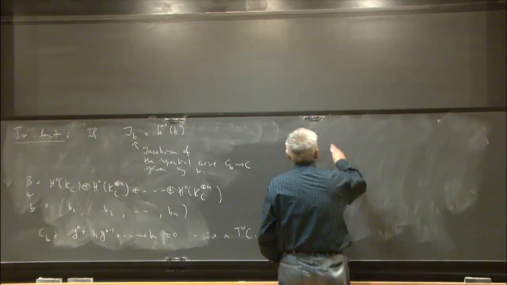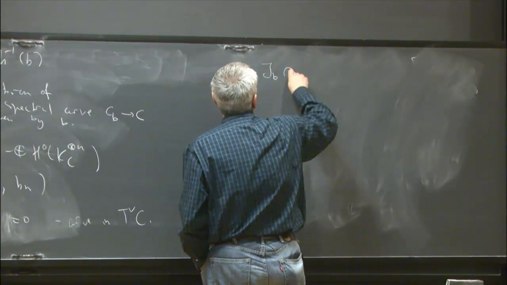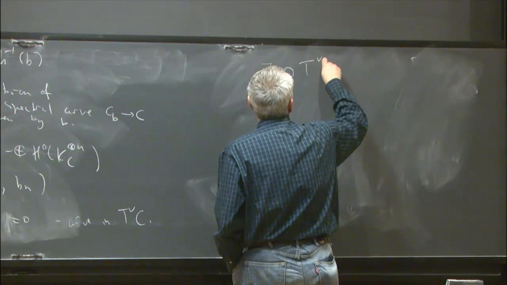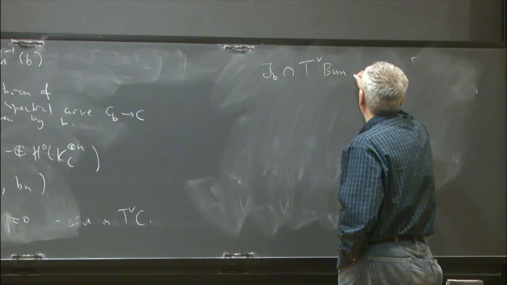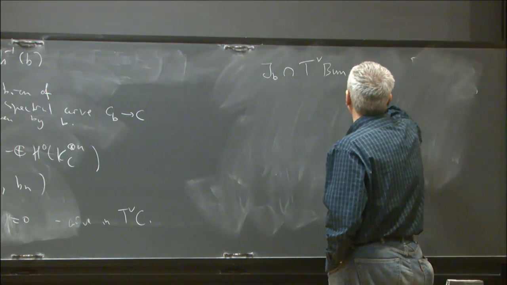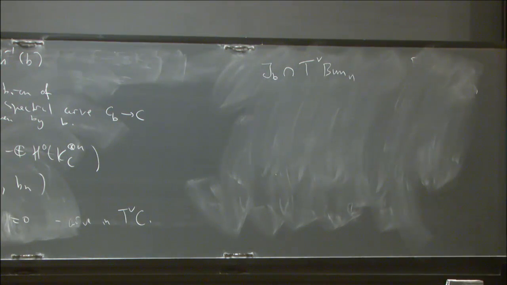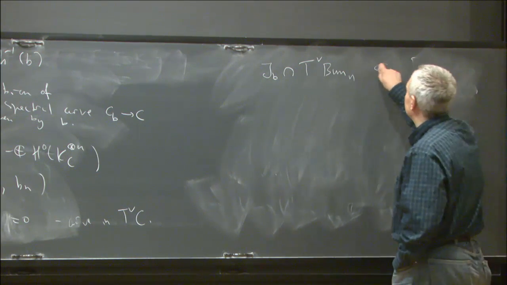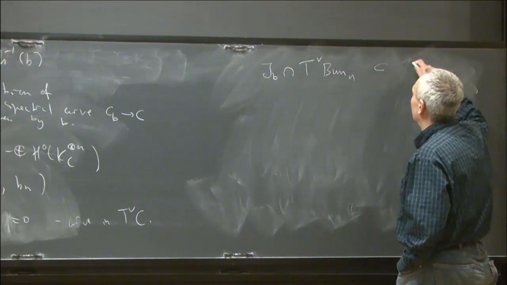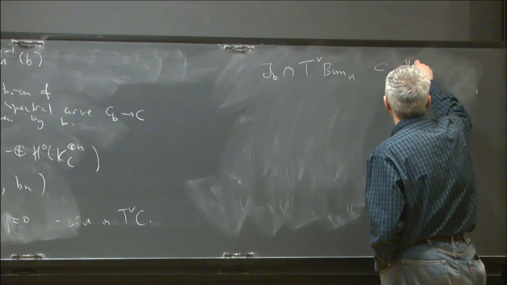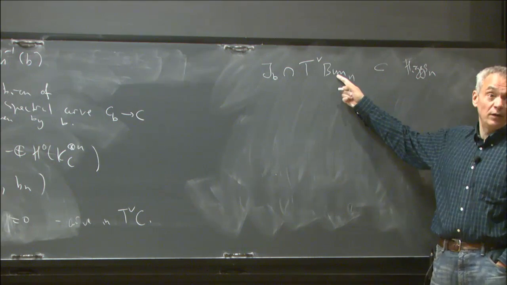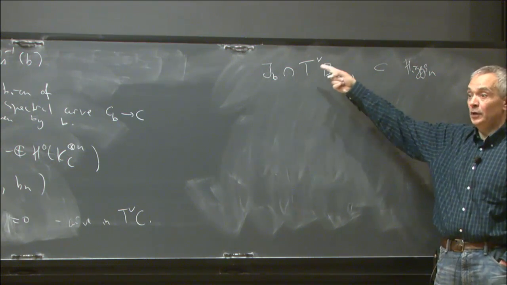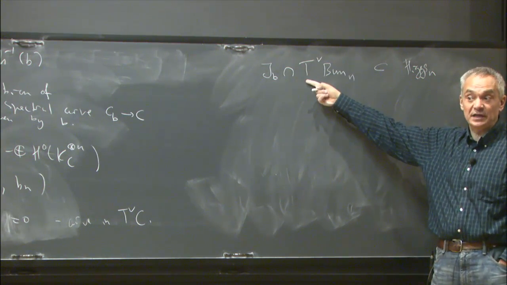So the claim is that if you take J_B and you intersect it with the cotangent bundle of the stack of bundles. The cotangent bundle of the stack of bundles is actually an open subset in the stack of Higgs bundles, because if you have a bundle which is semi-stable as a bundle, every Higgs field on it will make it semi-stable as a Higgs field.